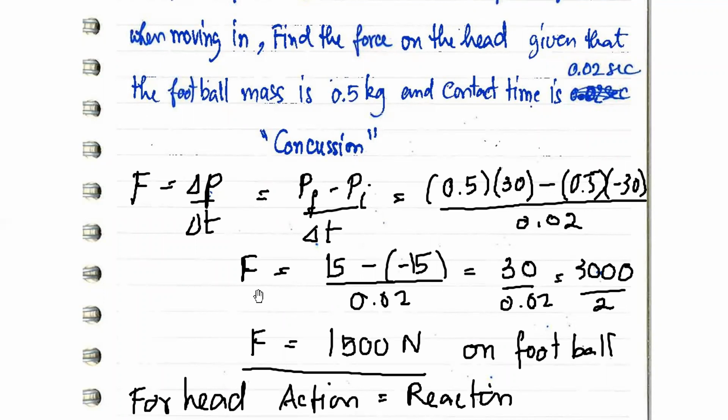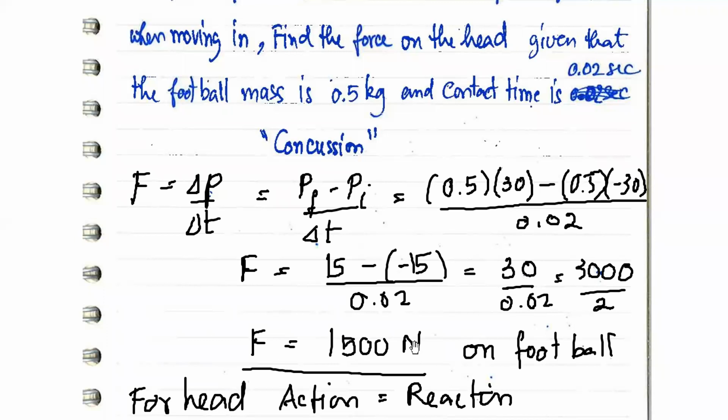And the force is 15 minus minus 15 divided by 0.02. Up there, the negative and negative make positive, so it adds up to be 30, divided by 0.02, and that is 3,000 divided by 2, or 1,500 newtons on the football.